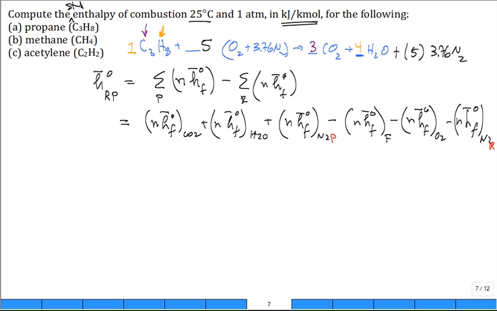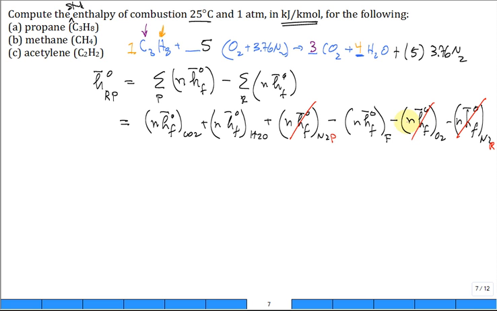But which one of these enthalpies of formation are 0? The nitrogen. Are there any other enthalpies of formation equal to 0? The oxygen.